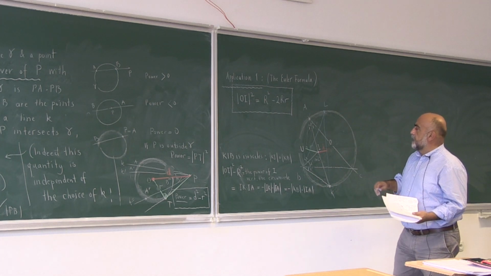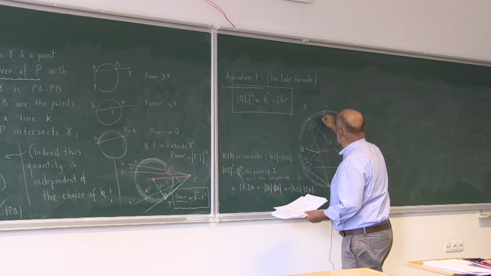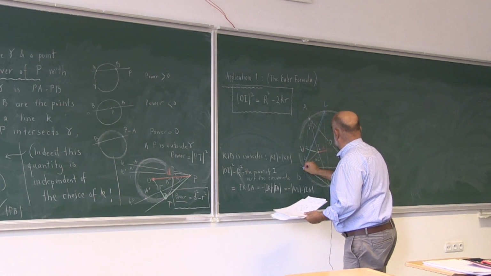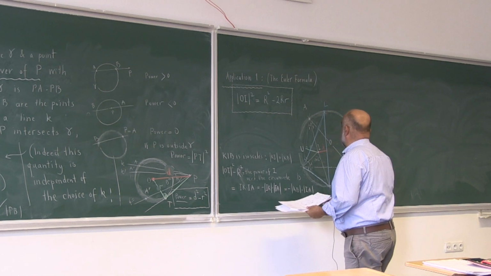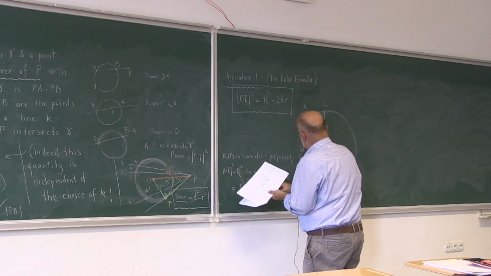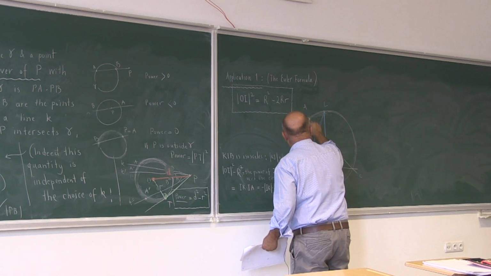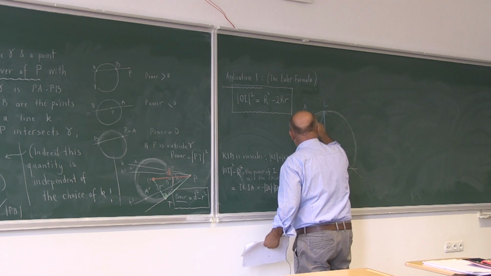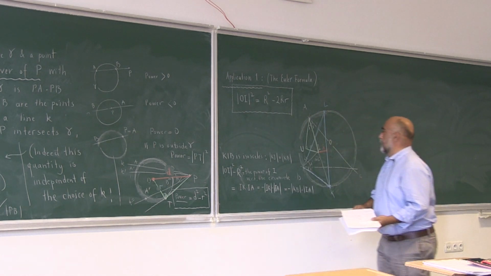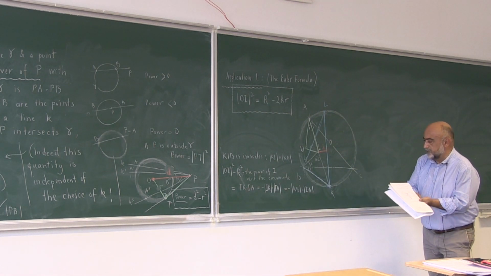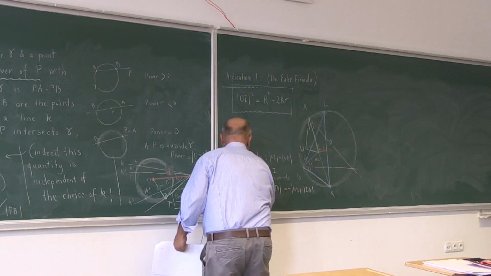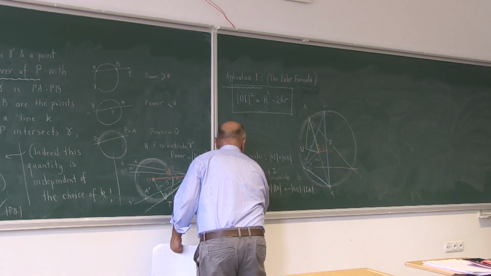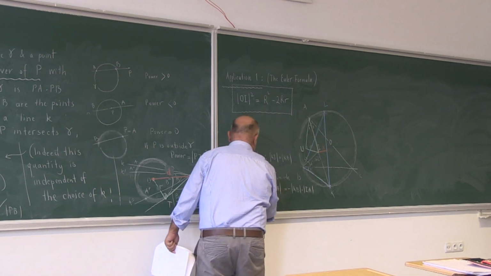Do you see that the triangle LBK, which is a right triangle, is similar to the triangle AUI? So this tells me that, so let me write it down. LBK is similar to the triangle AUI.